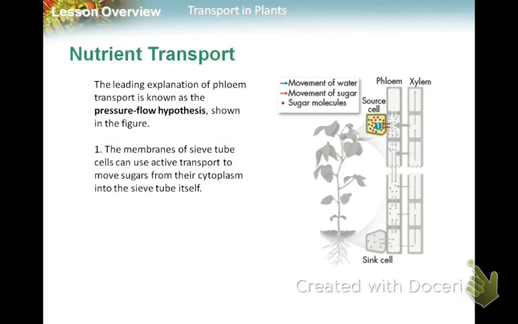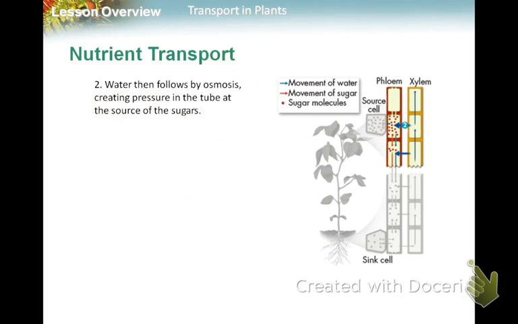So that's how xylem transport happens. Phloem transport is called the pressure flow hypothesis. So sieve tube cells can use active transport, moving from low to high concentration, to move sugars from their cytoplasm into the sieve tube itself. Water will follow by osmosis.